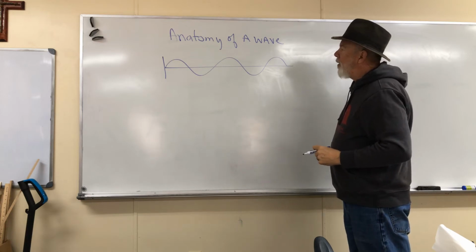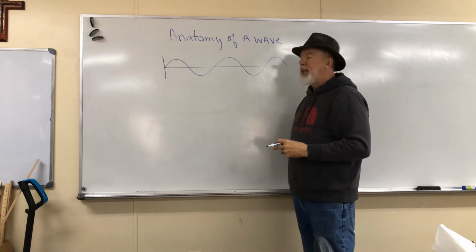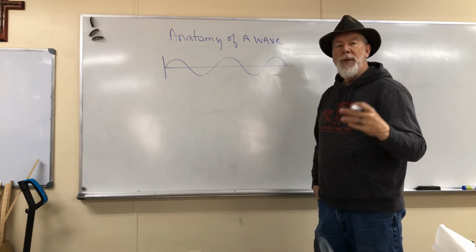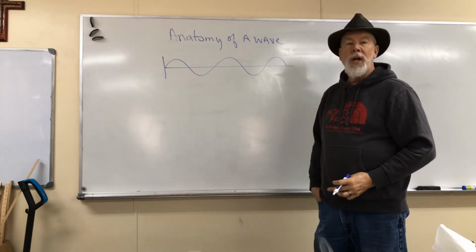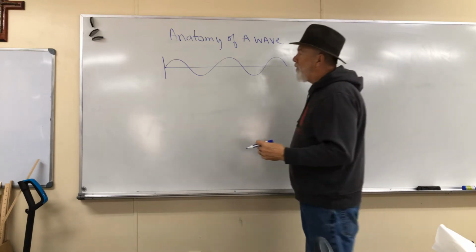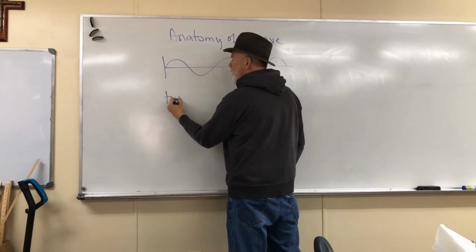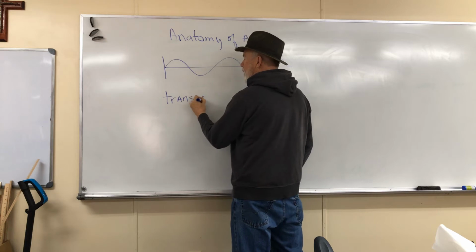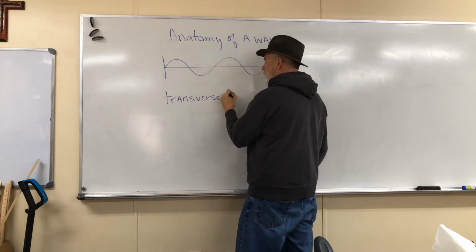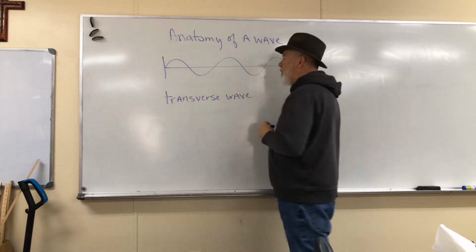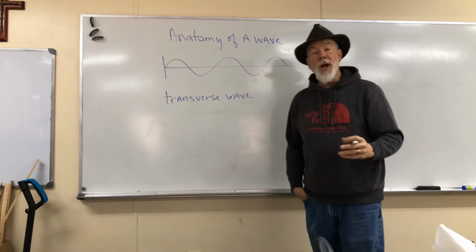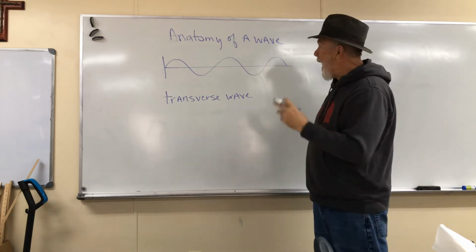Okay? Now, if you've seen this wave before in a math class, it would be called a sine wave. In physics, this is called a transverse wave. Now, there are several different types of waves that have this shape.